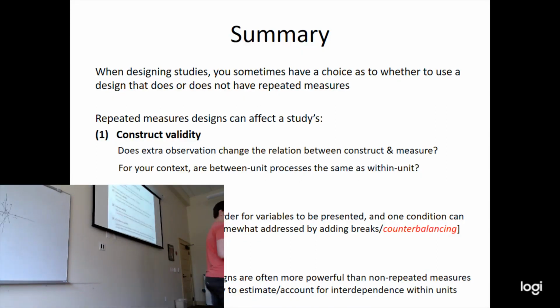And often, what will be the case, but not always, is that the repeated measures design will have higher conclusion validity, and you're asking yourself the question, well, is the hit that I take to construct and internal validity too much that I'm not willing to use repeated measures?